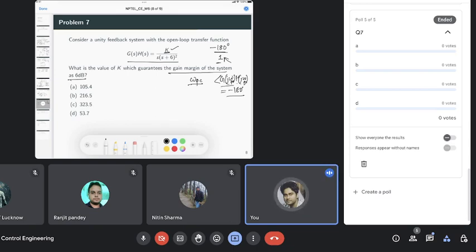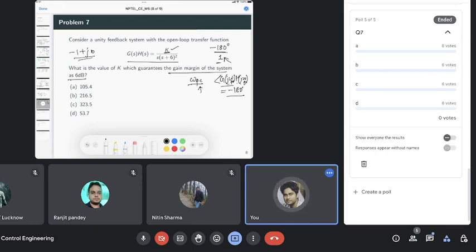It's called the phase crossover frequency because it's just crossing that 180 degree phase line. At that point, what is the gain of the system? If the gain is less than 1, that means your system is stable, because you are not encircling the minus 1 plus j0 point, which gives the instability.